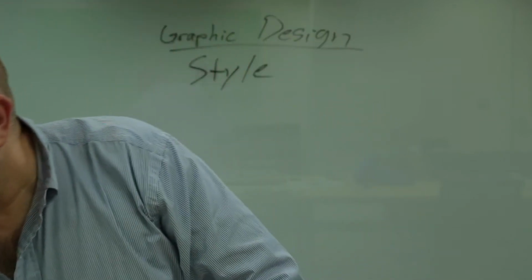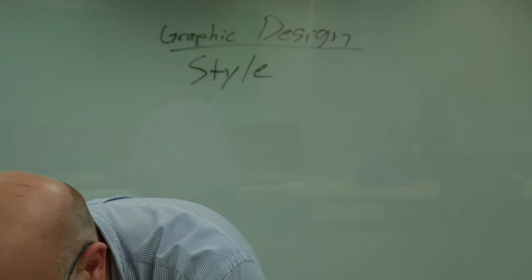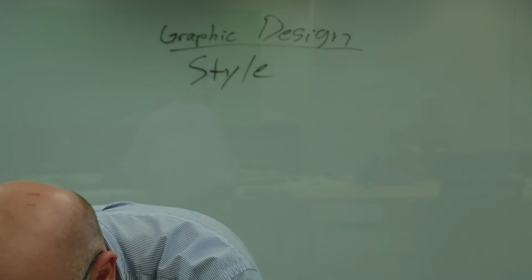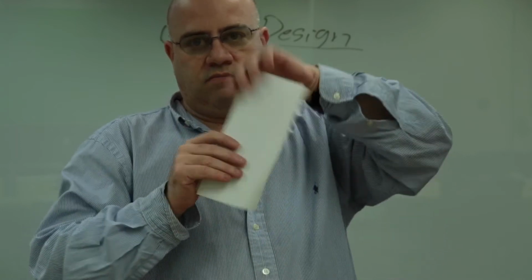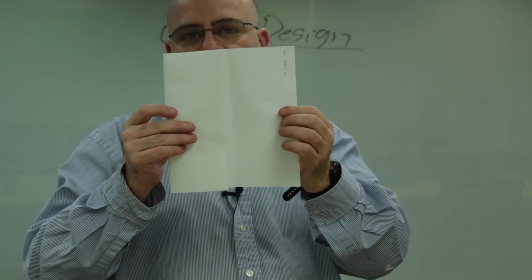If you think about, for example, designing for a brochure, a brochure is going to look something like this maybe, right? So here's the cover to the brochure. Maybe they're designing something that's for that.